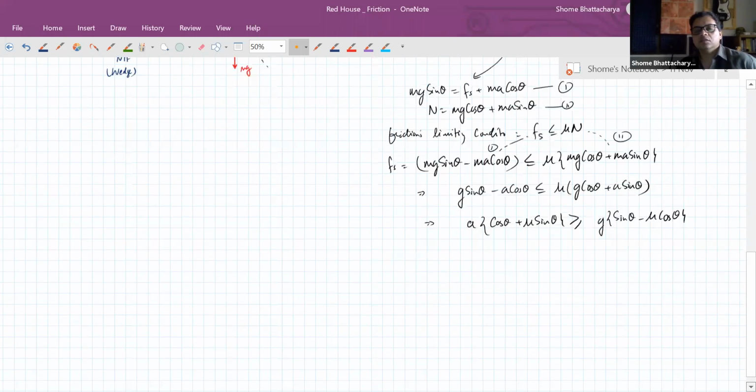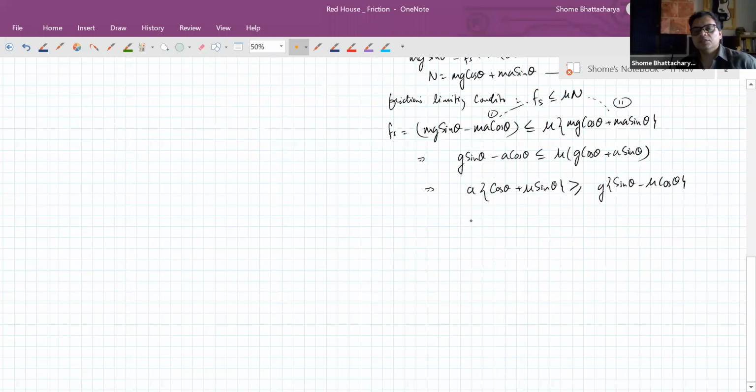So you're getting a greater-than-or-equal-to condition on a. That means you'll get the minimum a from this. And theta you can substitute as 37 degrees and mu was 0.2.